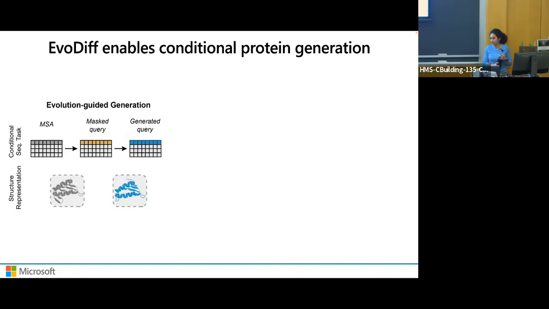Starting from all mask, you can specify a desired length and then generate accordingly, as well as in the strategy where only a portion is masked, the number of residues you mask is arbitrary, and you can have discontinuous subsets of the sequence that are masked. So upfront, some masked portion, and then unmasked, followed by a masked portion.